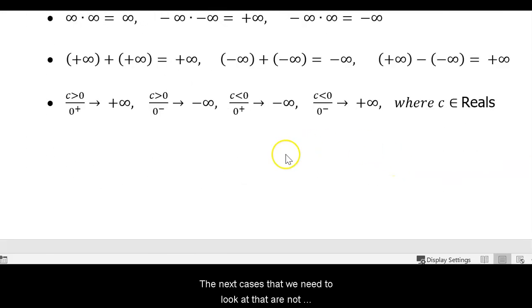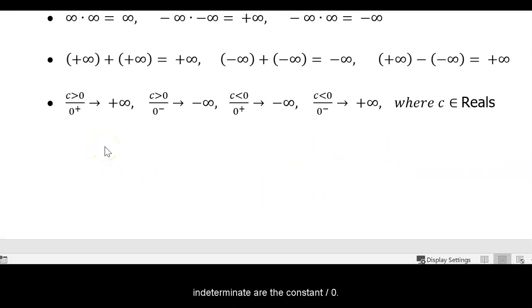The next cases that we need to look at that are not indeterminate are the constant divided by 0. When the top is a constant and the bottom is getting smaller and smaller and approaching 0, what we get will either be infinity or negative infinity, depending on whether the constant's positive and whether we're on the right side, the positive side of 0, or the left side, the negative side of 0.